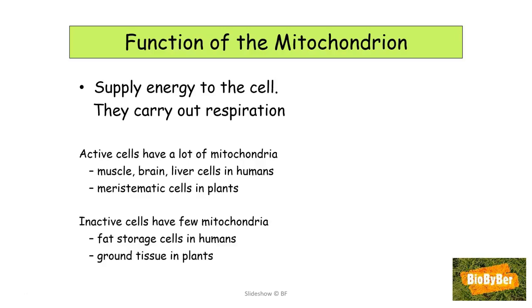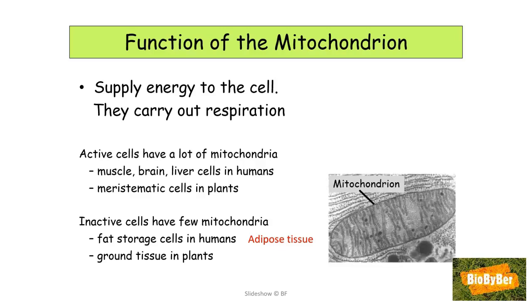Inactive cells that don't do many chemical reactions have fewer mitochondria. Fat storage cells in humans have few mitochondria. In other words, the cells that make up adipose tissue. The ground tissue in plants, whose function is to store food in the form of starch, they also have few mitochondria.